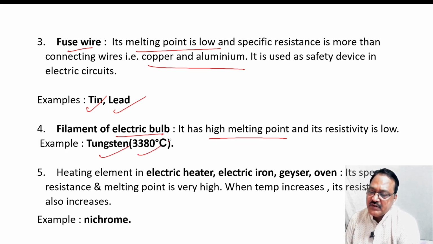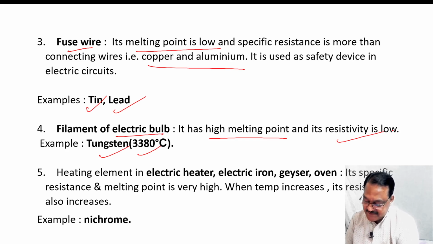Such a situation doesn't come up where the bulb is used, because at a lower temperature it starts glowing and giving light. So what is the property of such a material? It has a high melting point and low resistivity. This is applicable in the case of tungsten.